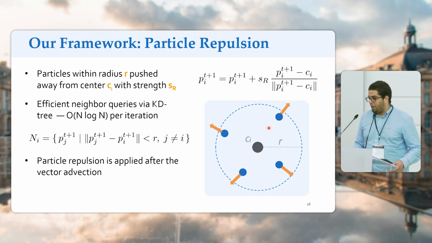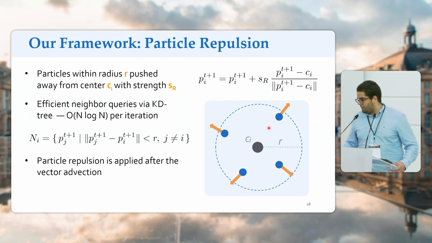Then you can control the strength of this repulsion. Here it's important to have a data structure like a KD tree to make the neighbor computation efficient. And also we apply the particle repulsion after the particle advection. That's the reason that the point interaction is t plus 1.